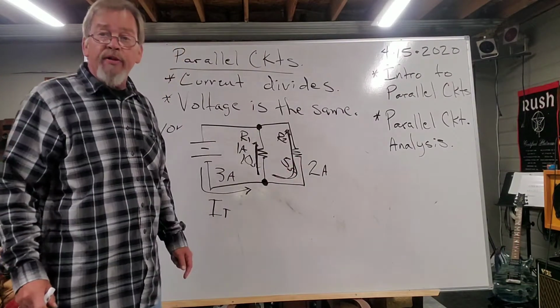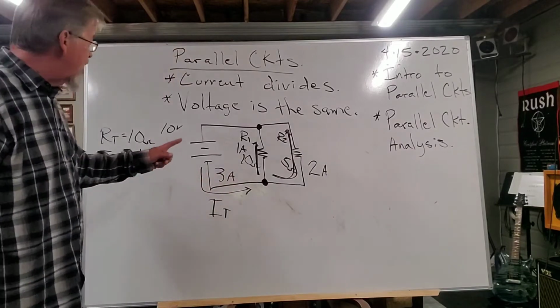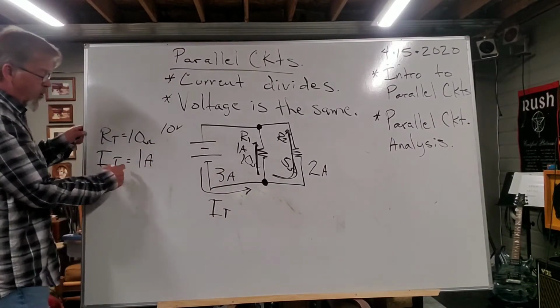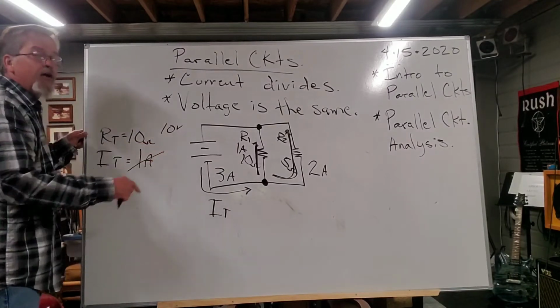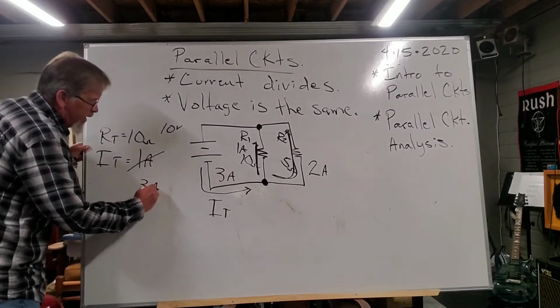How many cars went that way? Well, the other 2 went that way. So now, what happened to my total current flow? Well, my total current flow, because I added another path, increased up to 3 amps.